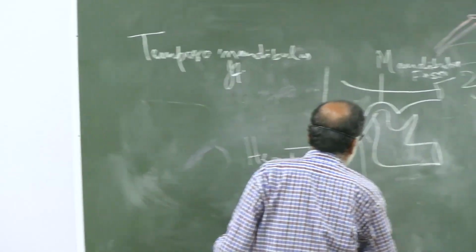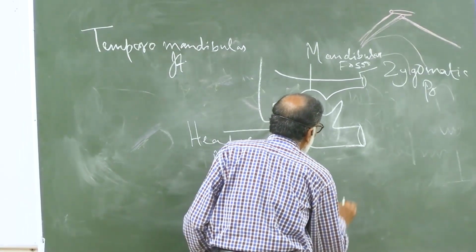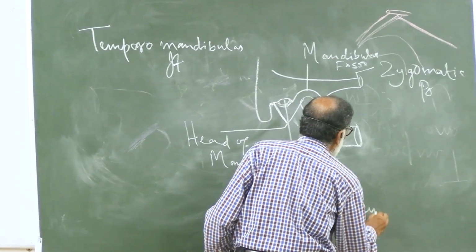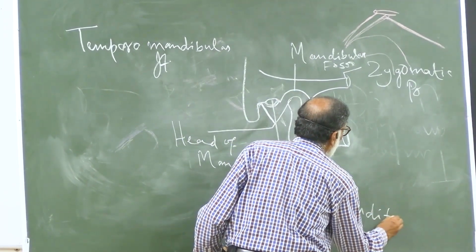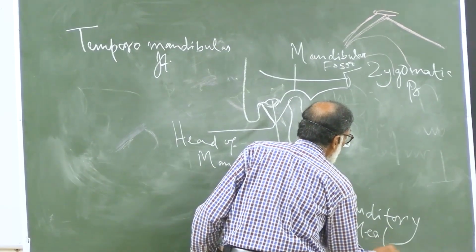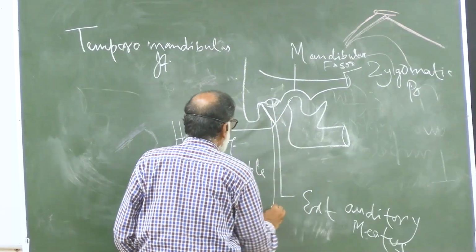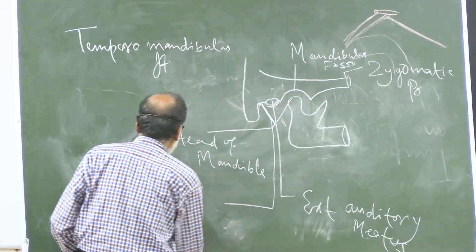This is external auditory meatus. Auditory meatus. This is the styloid process.